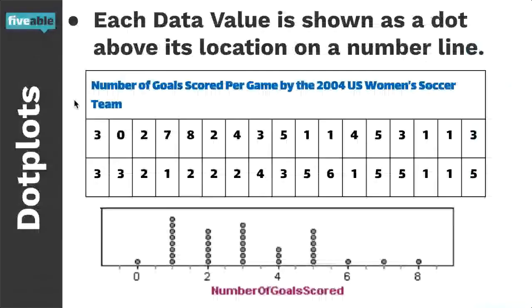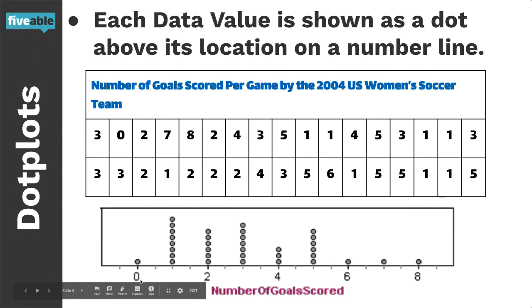Okay, so here we have our first data display, which is a dot plot. In a dot plot, each data value is shown as a dot above its location on a number line. Here I have some data: the number of goals scored per game by the 2004 U.S. women's soccer team. As you can see, right above here, we have the number.